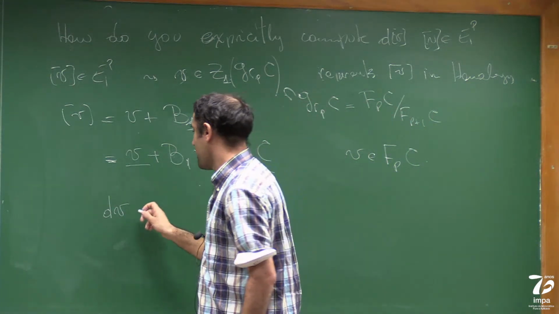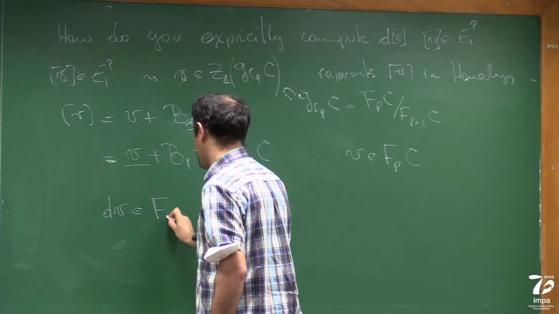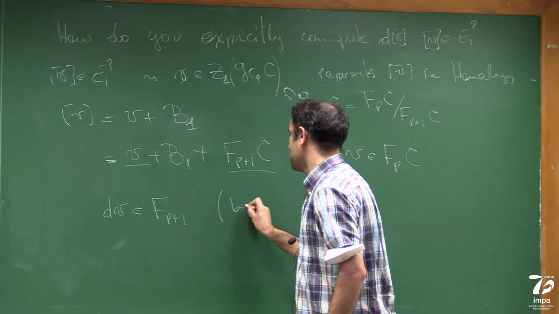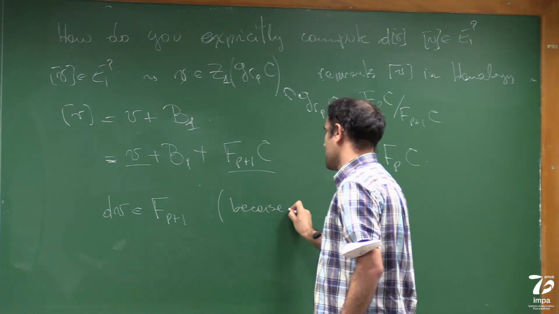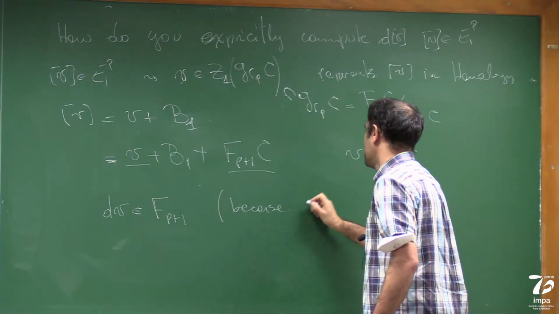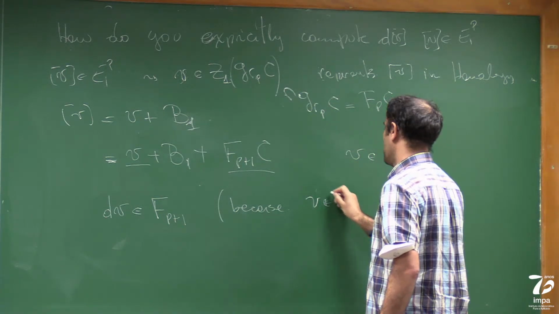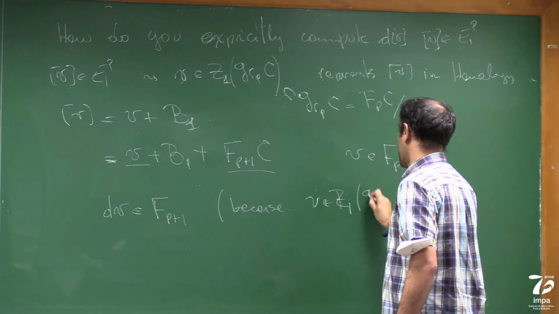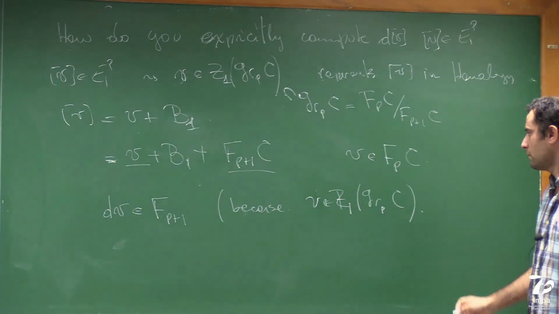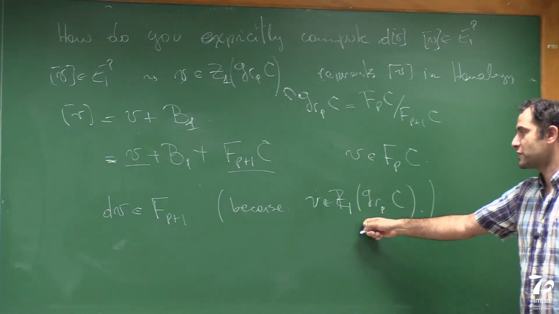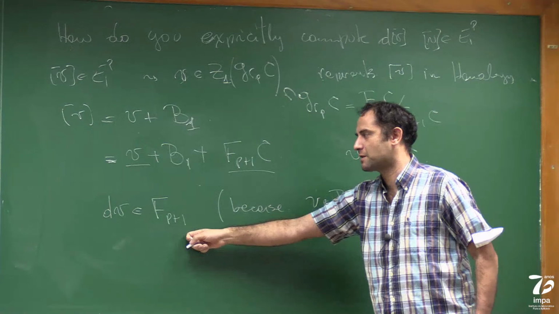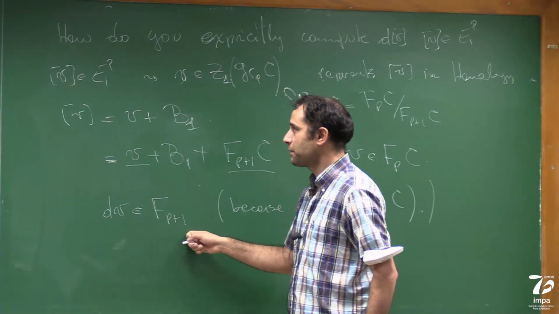But I can compute this guy, and this guy now is in FP+1. This is because V was in Z1 of GrP, which is the kernel of the differential, and the differential is the differential in V modulo whatever I have in FP+1. So I know this happens.